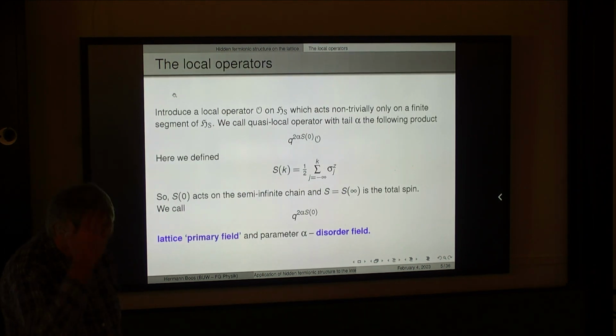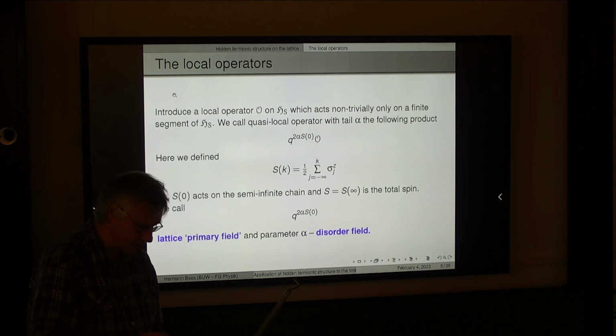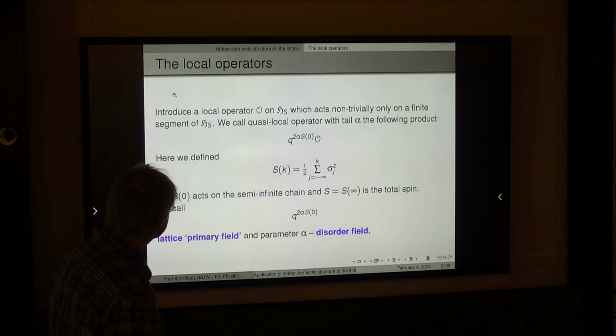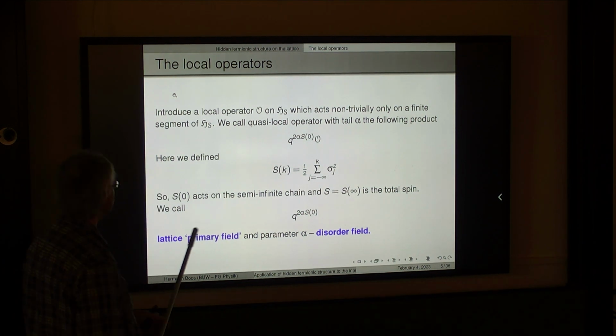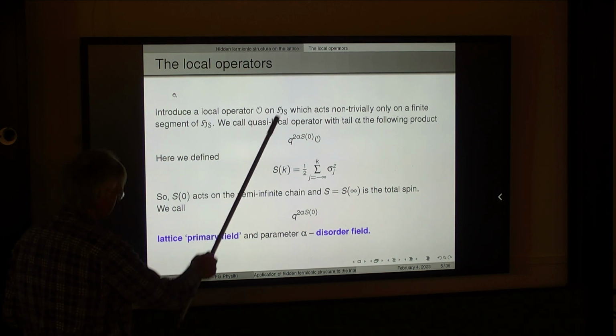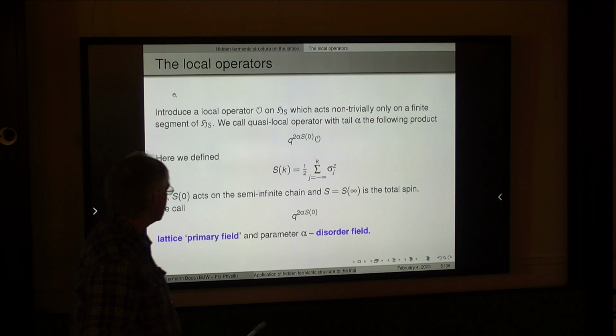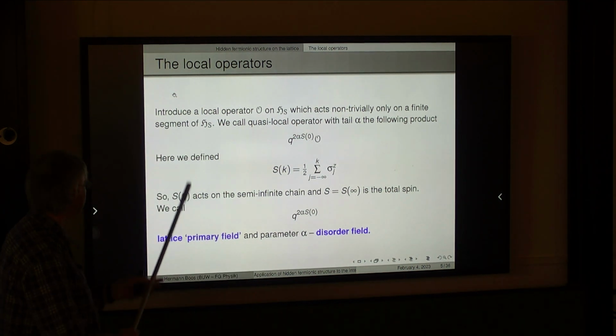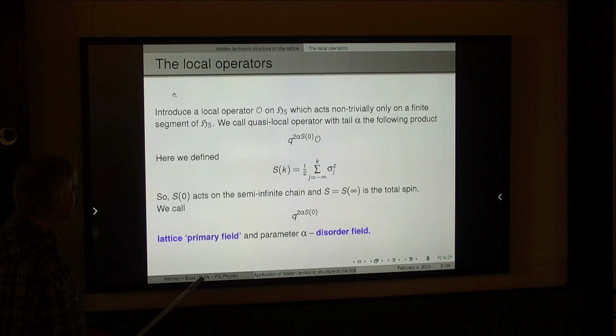Okay, so the question is how do we get the local operators? And what do we understand by a local operator? A local operator defined on this space HS will act non-trivially only on a finite segment of this space.